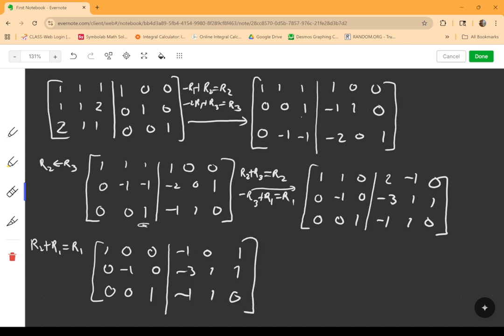And one last step. We don't quite have reduced row echelon form. The last step is to do negative 1 times R2, and now that gives us our desired result.